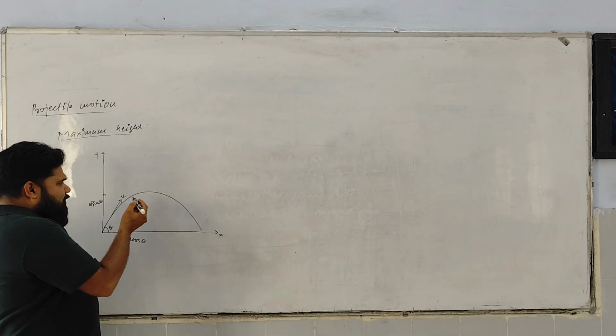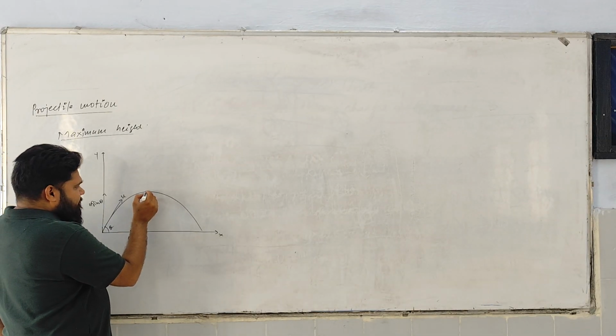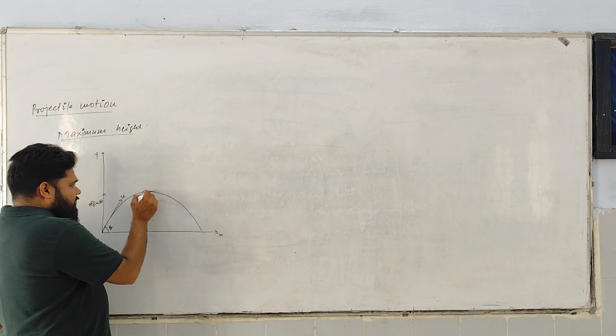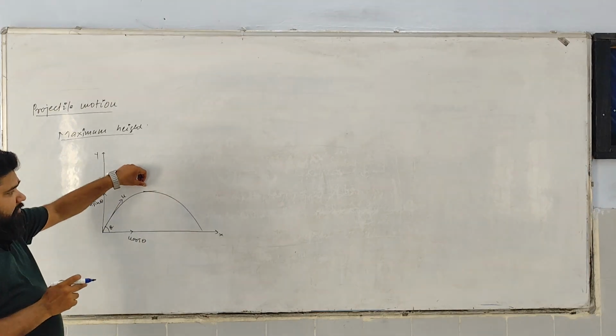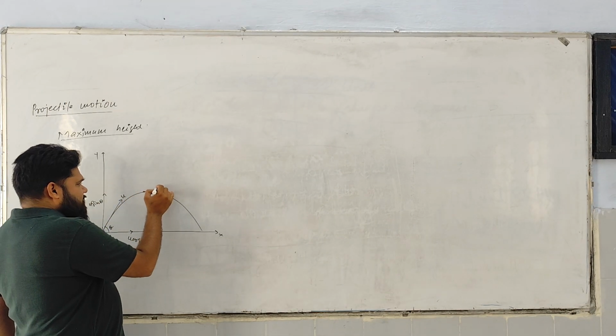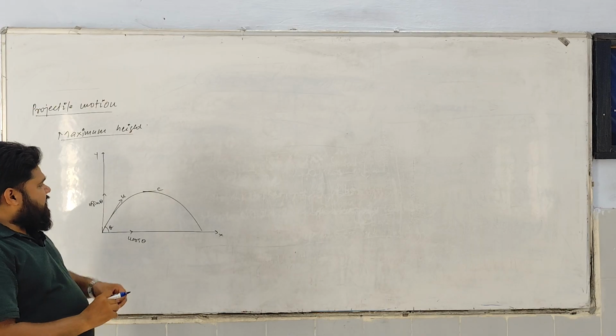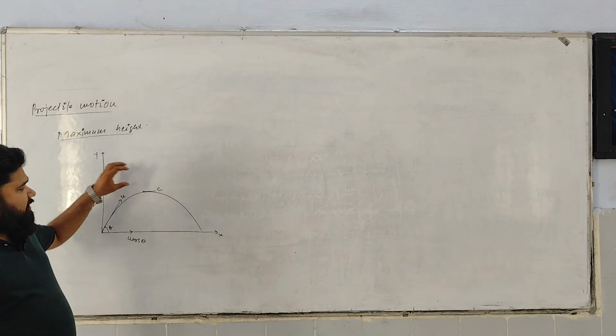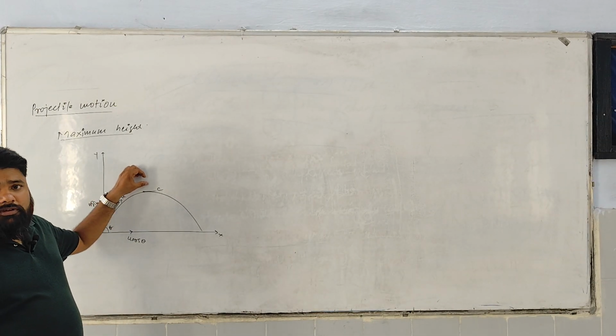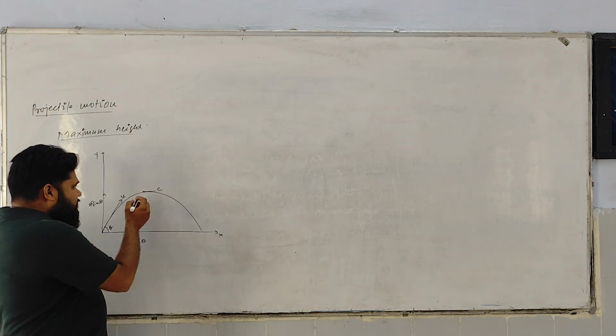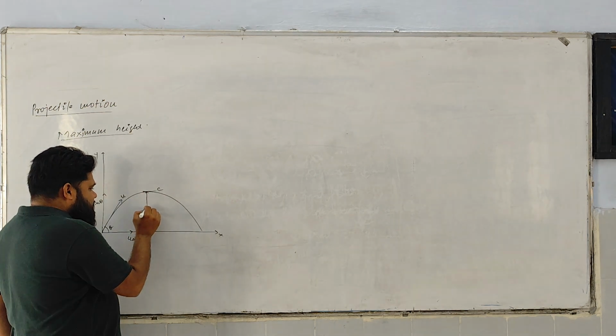Suppose when the object reaches this point, which we name point C, the vertical component of the velocity becomes zero, and at this point suppose the height is h.